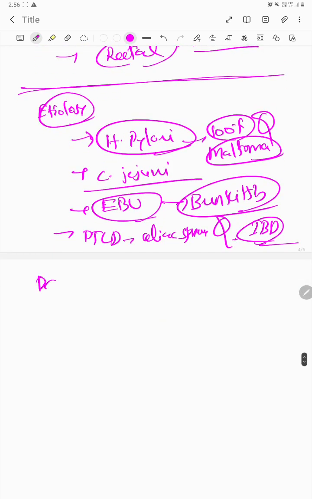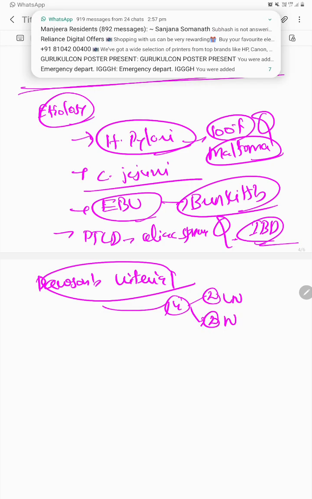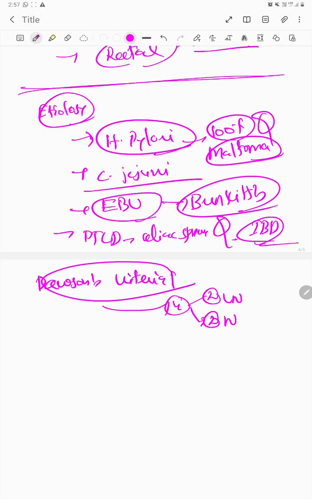And there is something called Dawson's criteria. There is a separate short video for this. I have already put it in your channel, and this involves 4 criteria, out of which 2 are related to your lymph nodes and 2 are normal things. One is of laboratory and one is of examination.